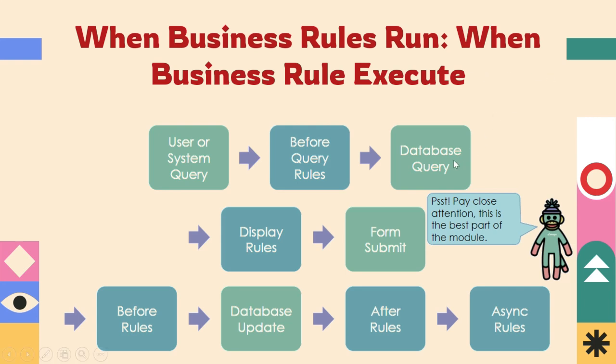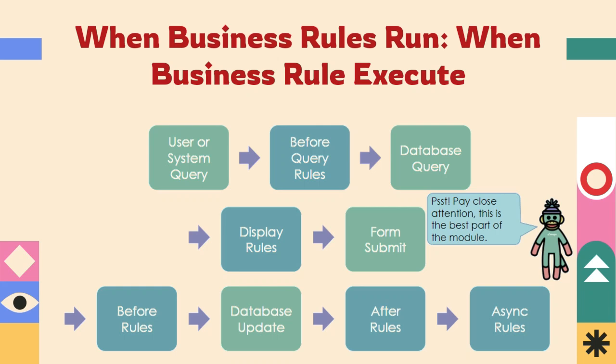And when the database query is done, after that the display business rule runs whenever we get some data from server side. That means we are displaying the data from the database. And then after the form submission, we can see there is a before business rule. It runs after form submission and before database update. So that is the before business rule.